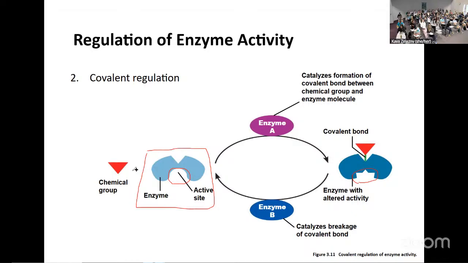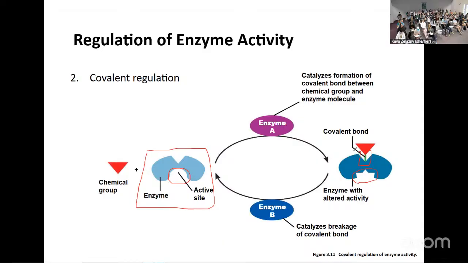Okay. So here, what we did, we tacked on an additional chemical group to this other part of the enzyme. So we wouldn't think of this quite as modulator and regulatory site. We're going to be specific that this is covalent regulation because we specifically formed a permanent chemical bond here, sharing electrons with our additional chemical group.